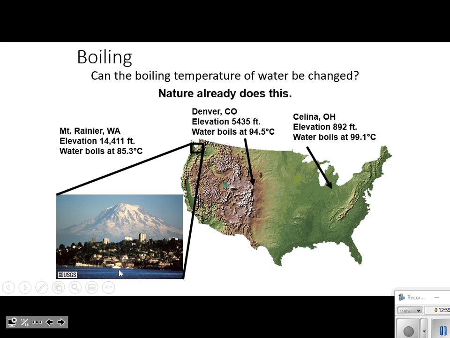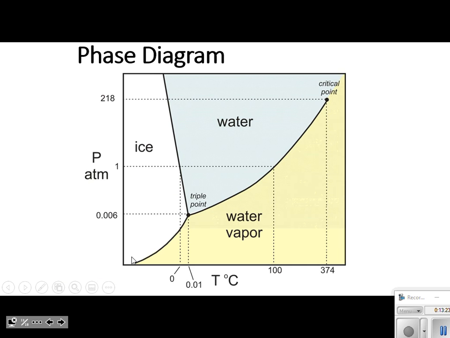If you're down here right by the ocean, it might be a bay, you're going to get your water to boil pretty close to 100. So that's pretty drastic. That's about 15 degrees Celsius difference just by that elevation. Tacoma, Washington, it's that city.